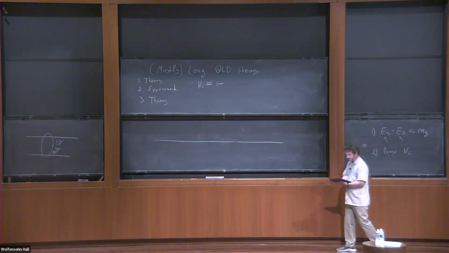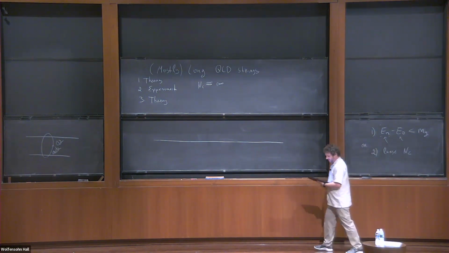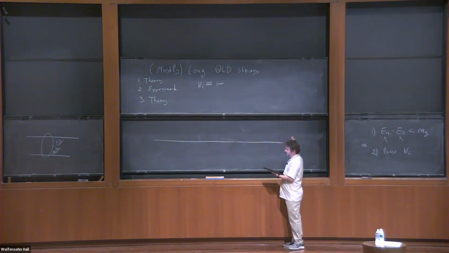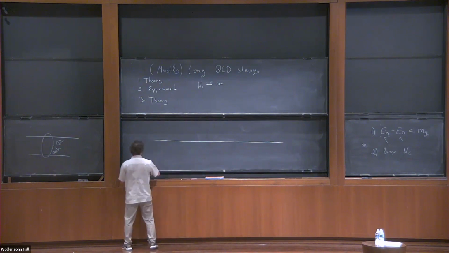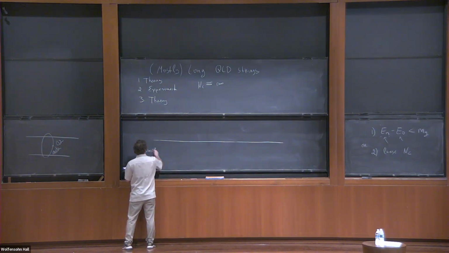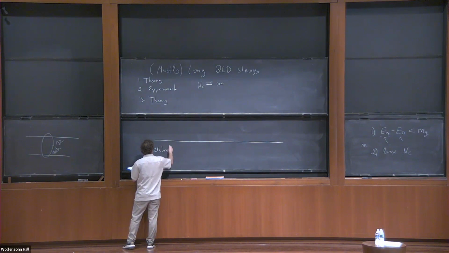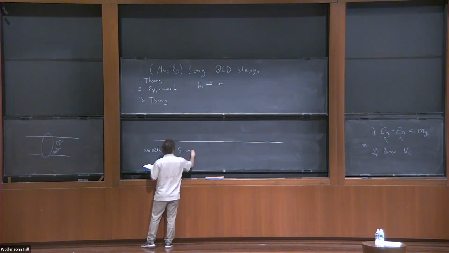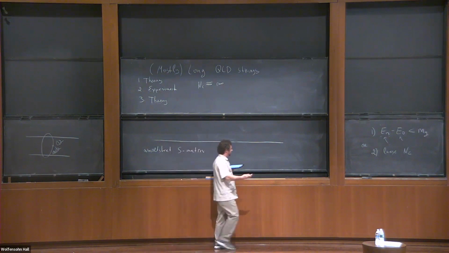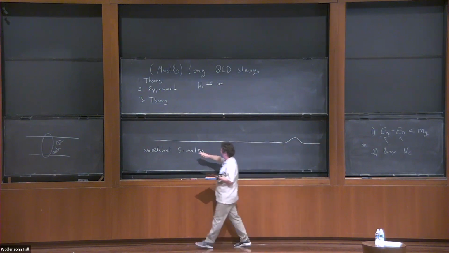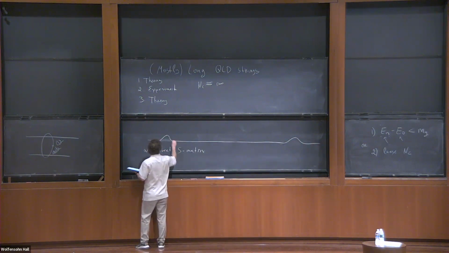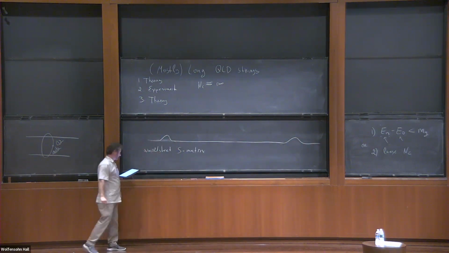While thinking about this infinitely long string, the natural observable to consider is the worldsheet S matrix. Namely, as Misha said, the excitations of the string you may think about as local bumps on a string.